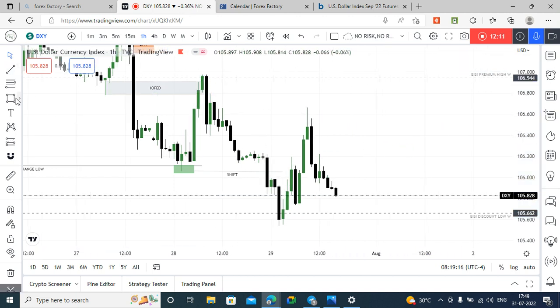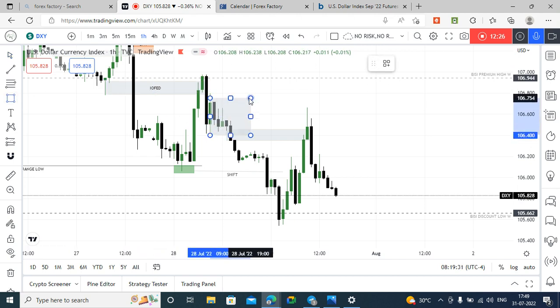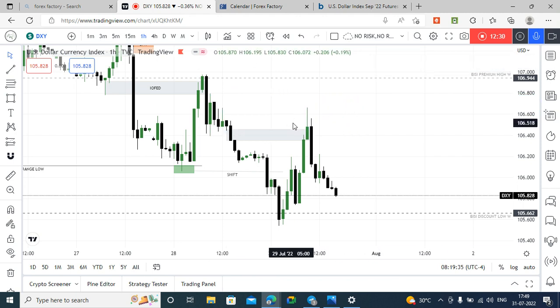You can see price came back to this premium level and respected this fair value gap, and also respected these up close candles. Okay, because when we have bearish order flow, we know all the up close candles will act as resistance. Okay, that happened in this scenario.